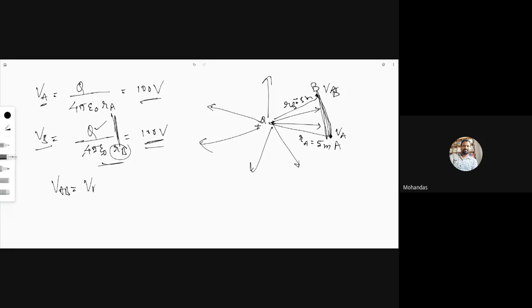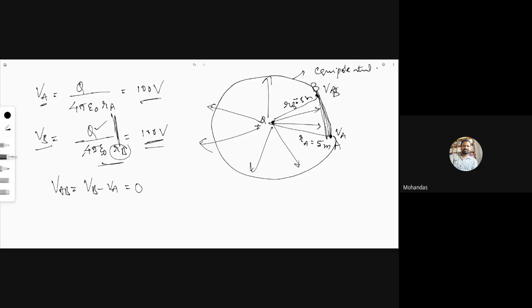VAB equal to VB minus VA, right? The potential difference will be 0. I already discussed that if you draw a circle with the same radius, that means a radius r equal to 5, this is known as which potential?